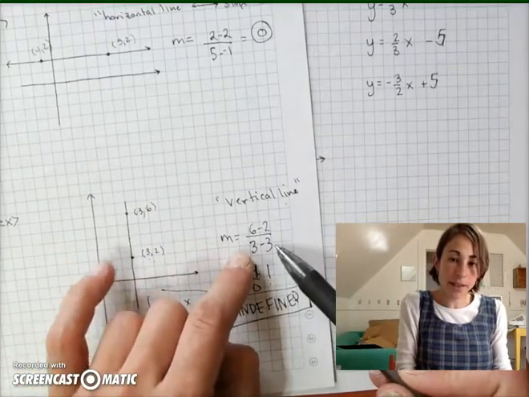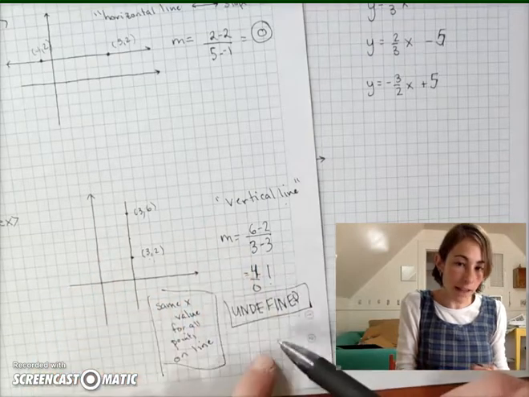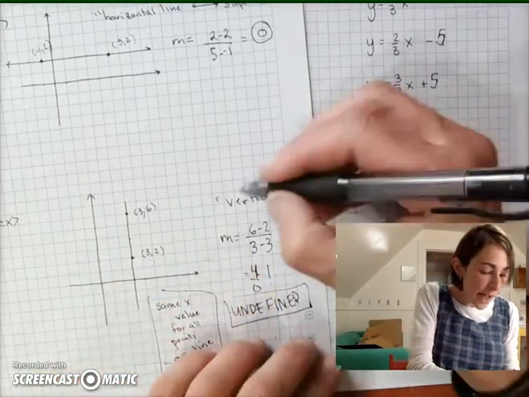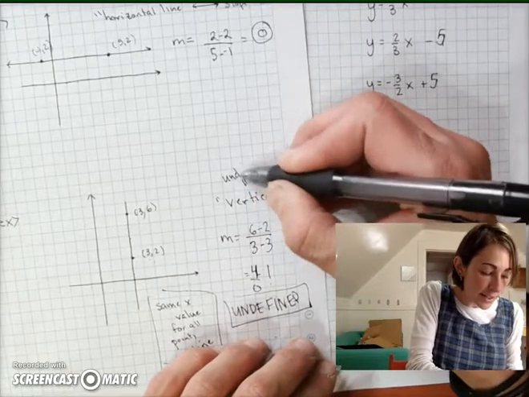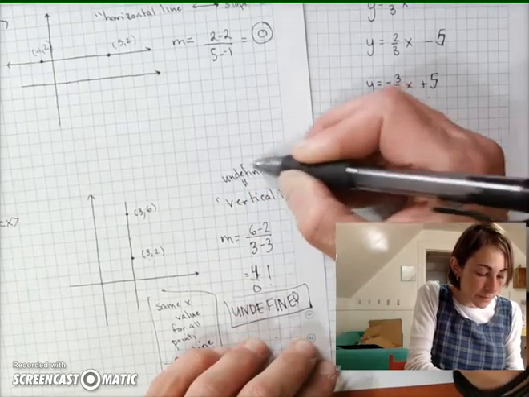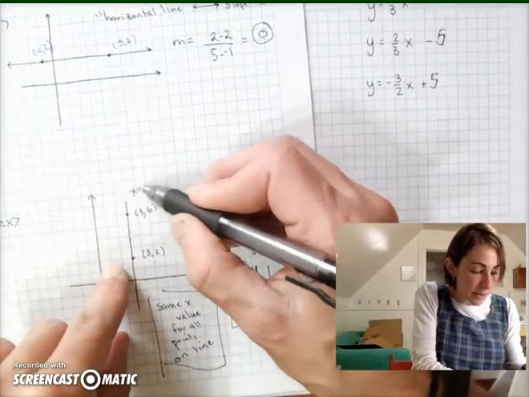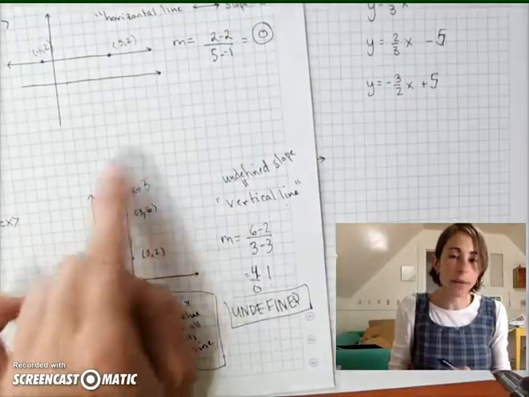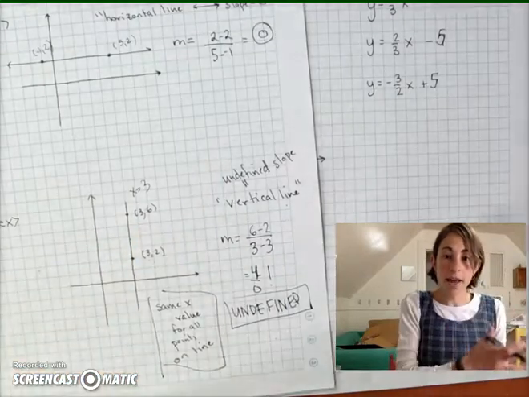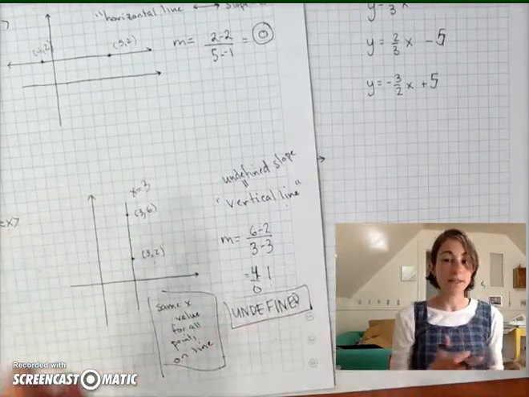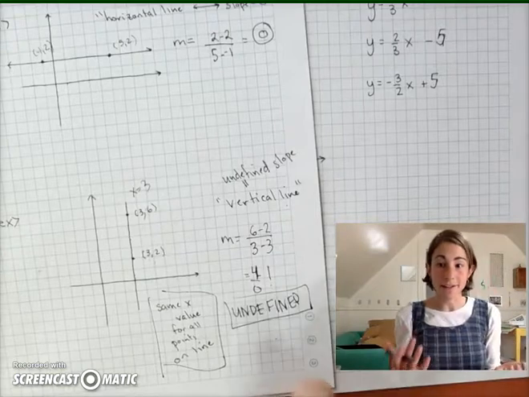So when we calculate the slope, we're dividing by 0, which is not allowed. So a vertical line will always have undefined slope. This line we would describe as just x equals 3. We don't even have a y equals mx plus b way of describing a vertical line because there's no m. The slope is undefined.